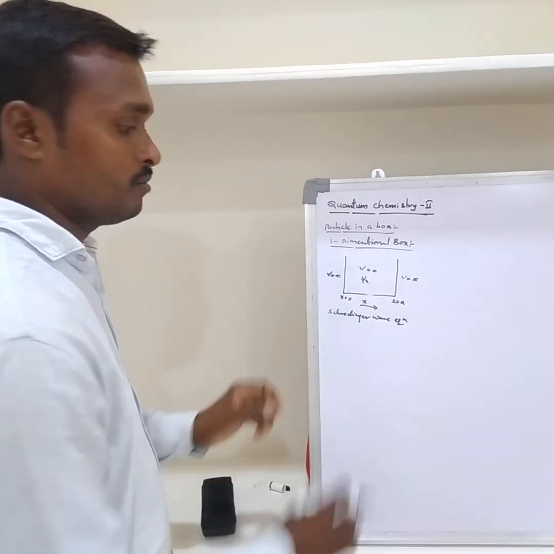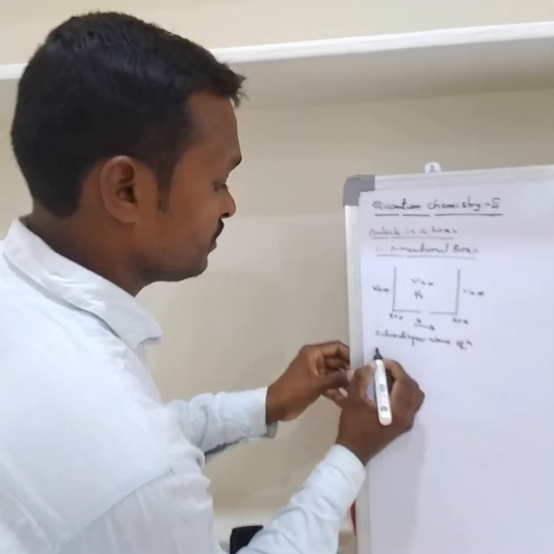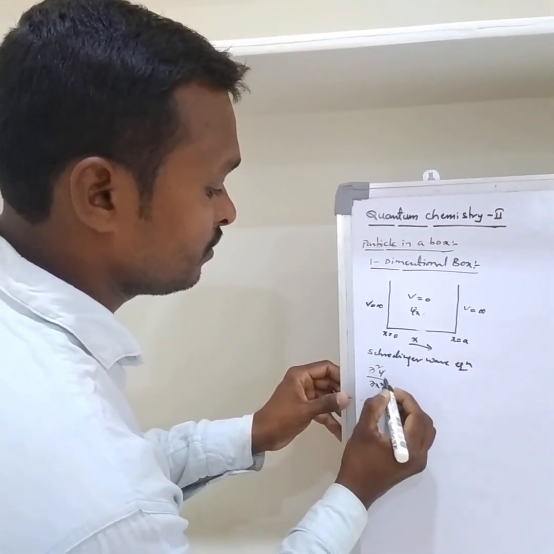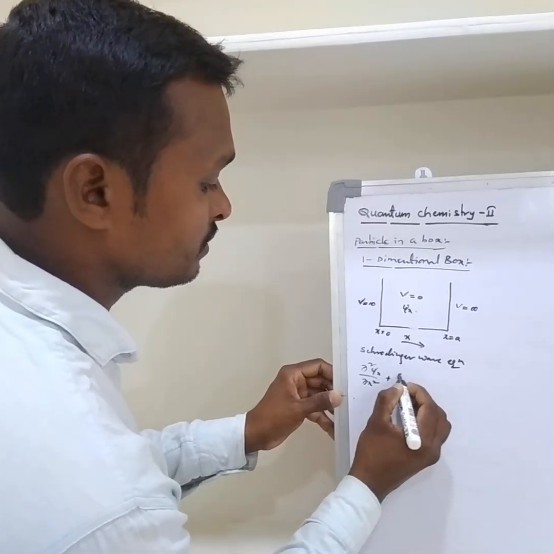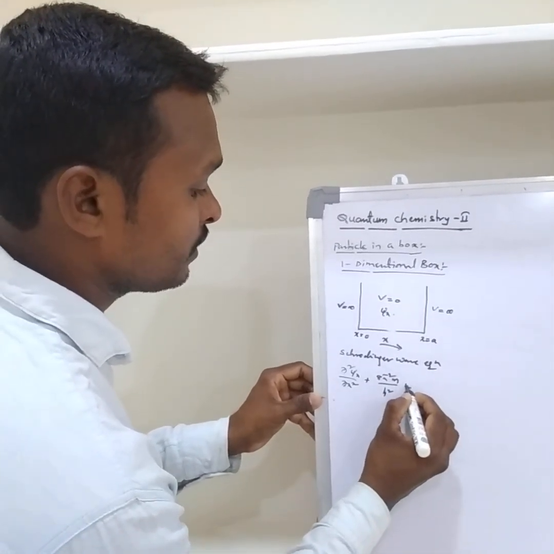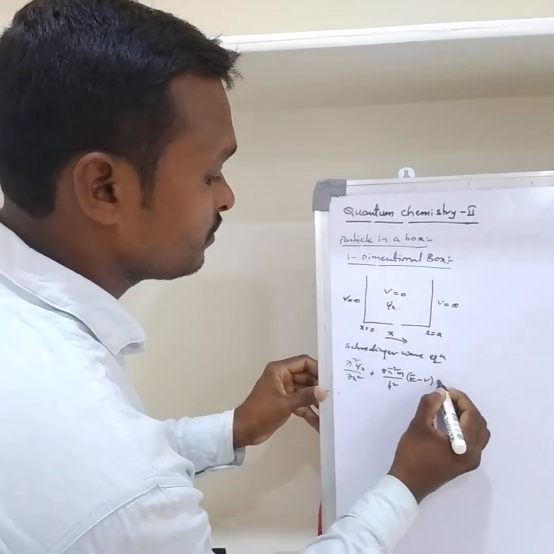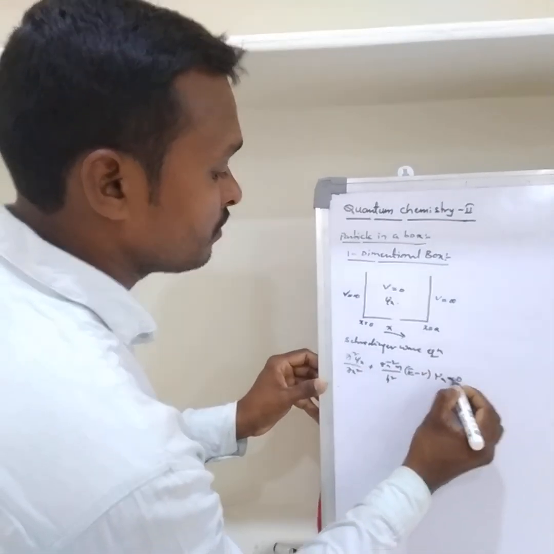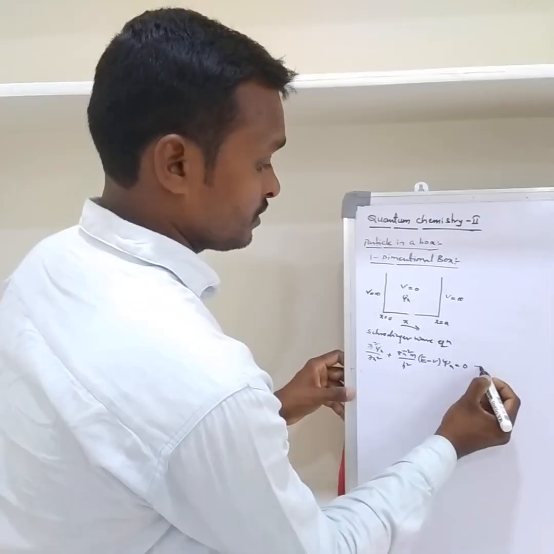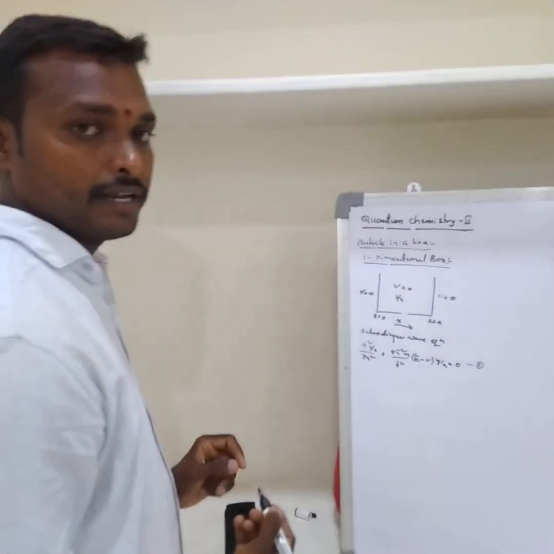That is in three directions, but we want only one direction. That equation is dou square psi by dou x square plus 8 pi square m by h square into E minus V into psi x equal to 0. This is the Schrodinger wave equation for a particle moving in only one direction. Equation 1.